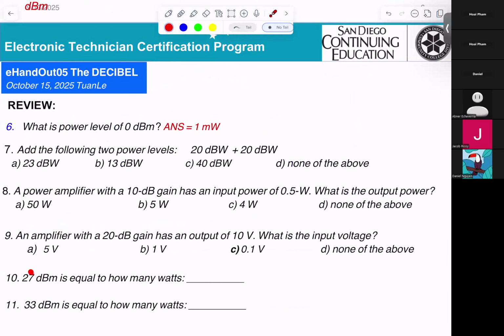For example, number 10, they give 27 dBm equal to how many watt?